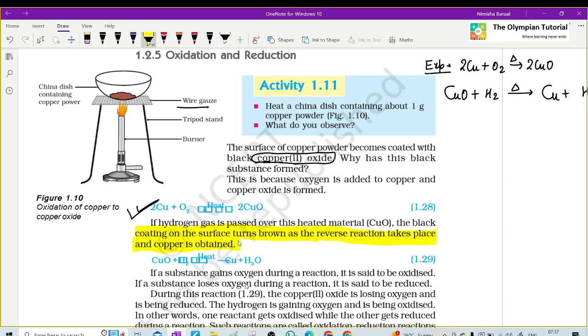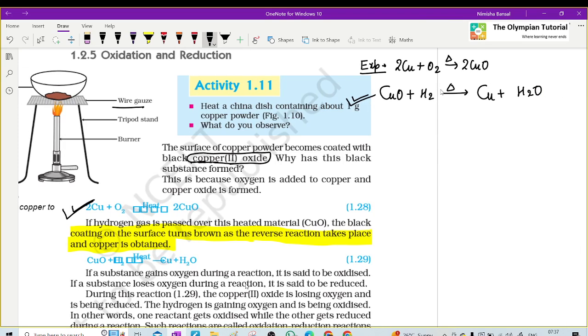And after that we can write this reaction. Actually we have already written CuO plus H2 gives Cu plus H2O.